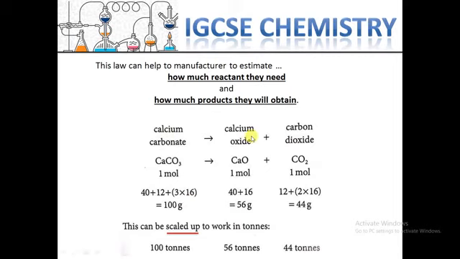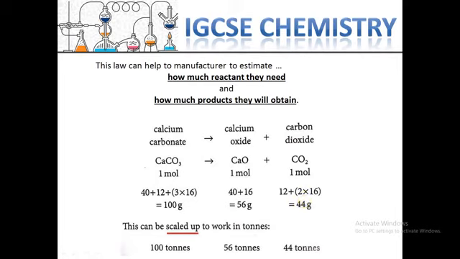This type of reaction can be used in industrial or commercial manufacture. For example, when calcium carbonate breaks down into calcium oxide and carbon dioxide, 1 mole can be broken down to 1 mole of calcium oxide and 1 mole of carbon dioxide, and the total mass of reactants is equal to the total mass of products.